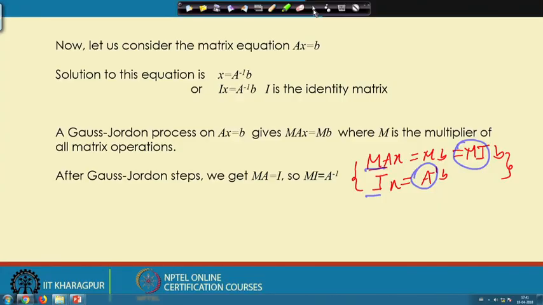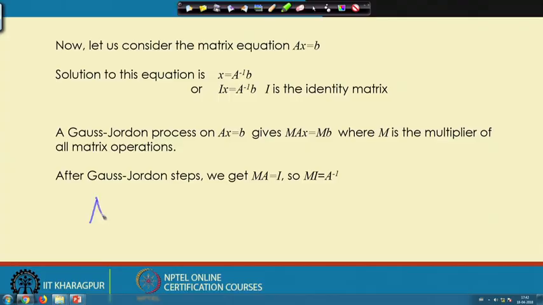Rather, we can see the processes through which one square matrix can be transformed to an identity matrix, and the same processes applied to an identity matrix will give us A inverse, and that is basically the Gauss-Jordan method of finding inverse. We will see it through an example.